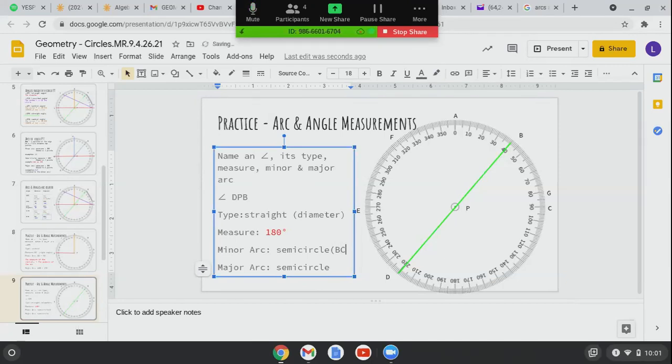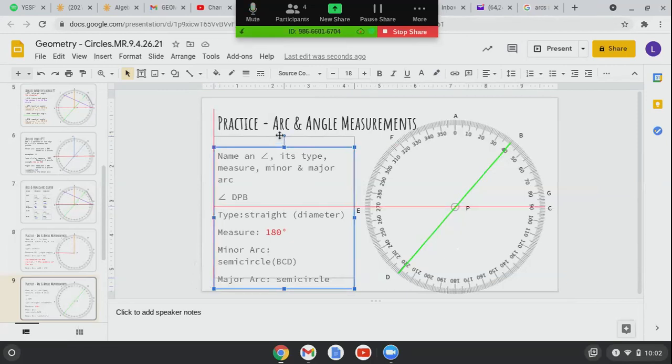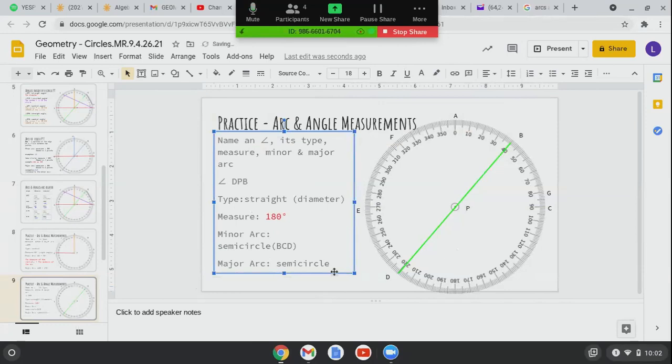BCE, you went past D. Oh, okay. So that one, you went from B to the right to reach D. So what's the other semicircle? I have to go to the left, right? Exactly. So go to the left. B... BAD. Yep.